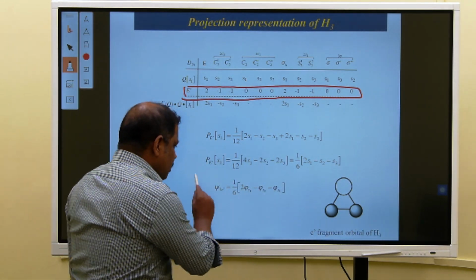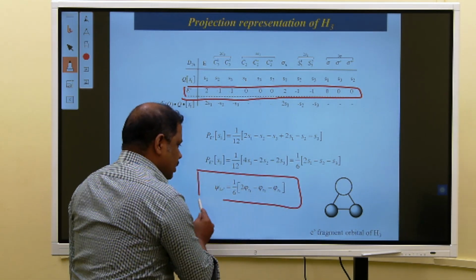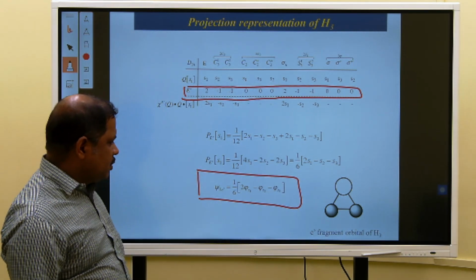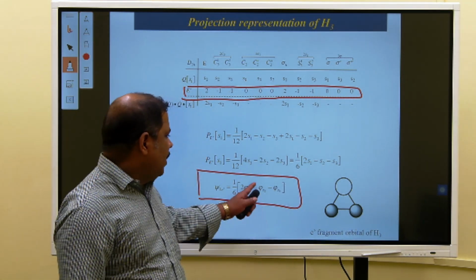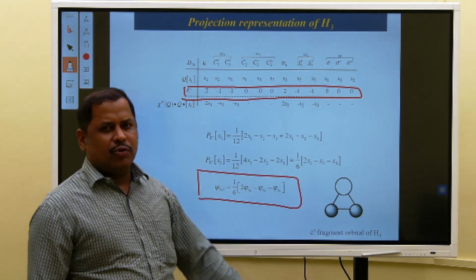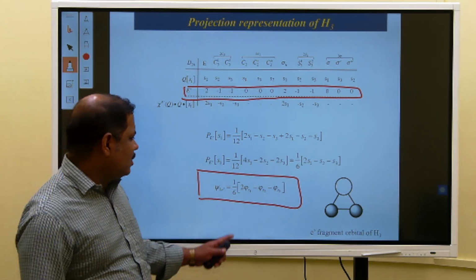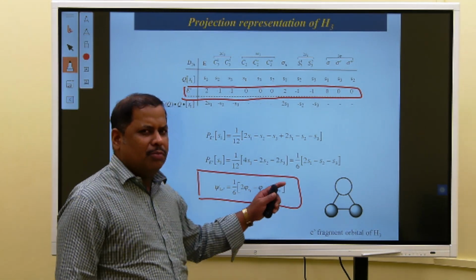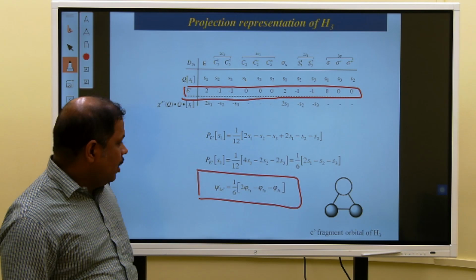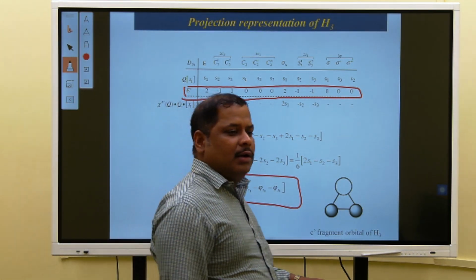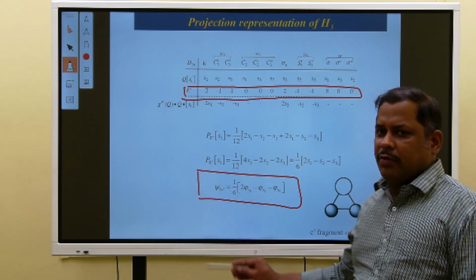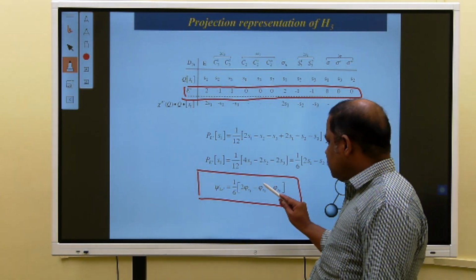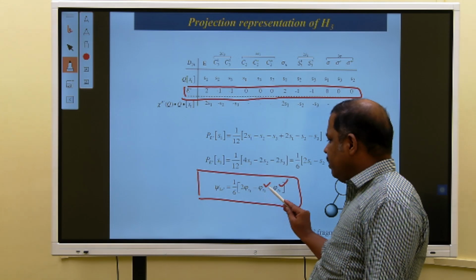If you solve, you will come to know that the equation will be 1 upon 6, 2 psi S1 minus psi S2 minus psi S3. To make it simple, you can also write it as 2 S1 minus S2 minus S3. Okay? Now, if I ask you to draw the graphical representation of this particular equation, remember that S2 and S3 have a minus.